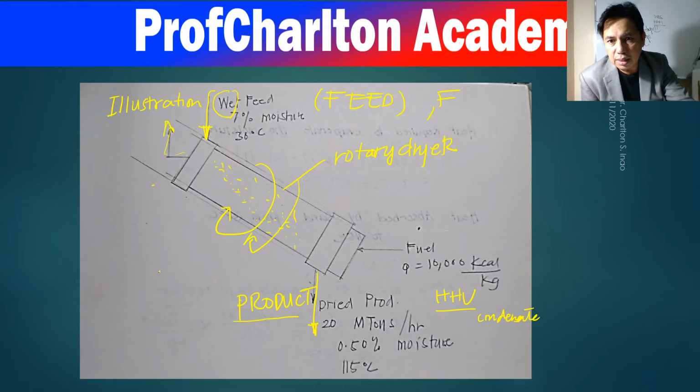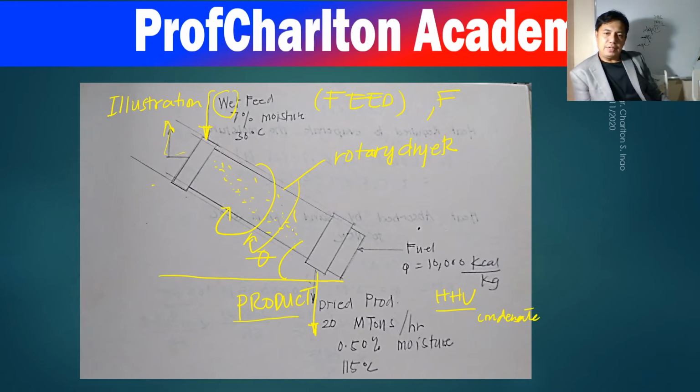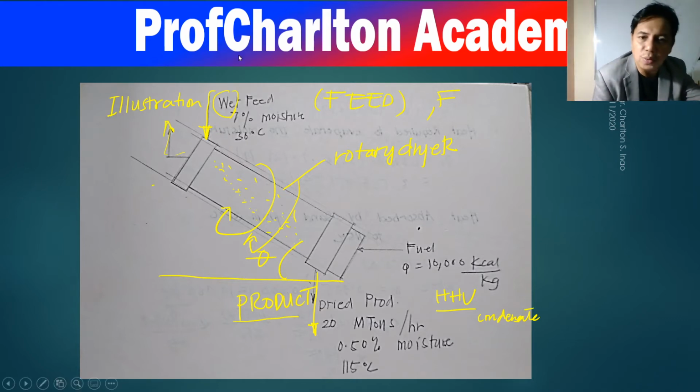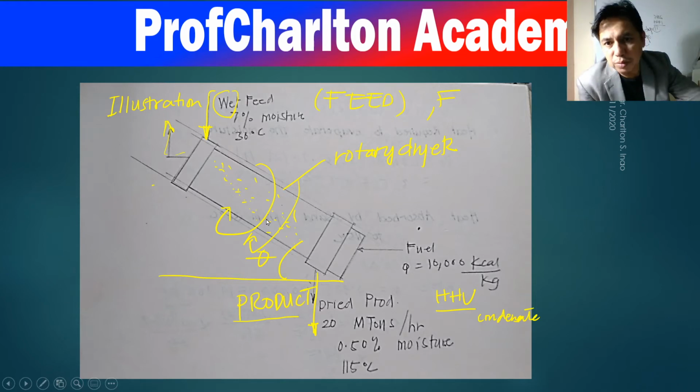As you can see, it is inclined, there's an angle somewhere here, so that the material flows easily by gravity. You can control the flow and the speed when you control the angle also.